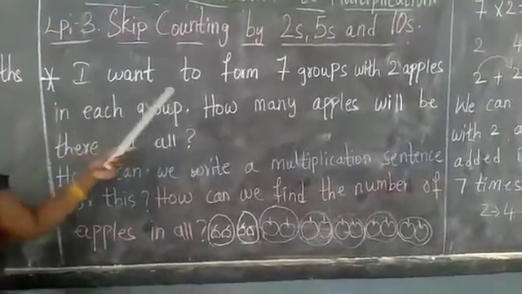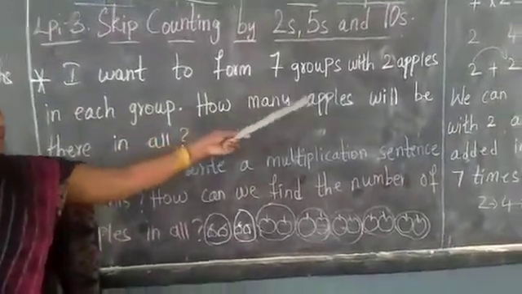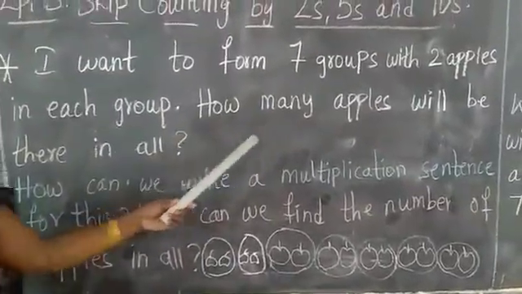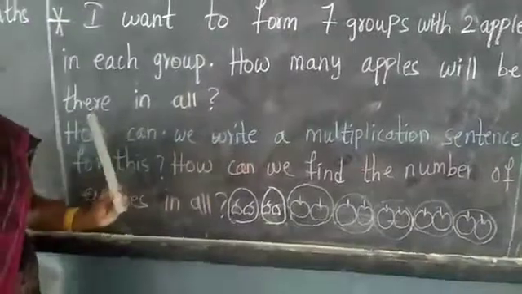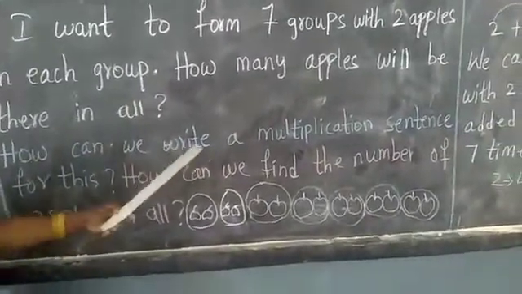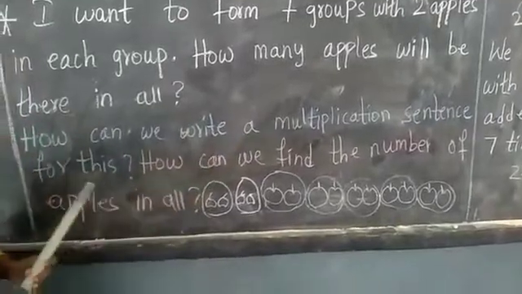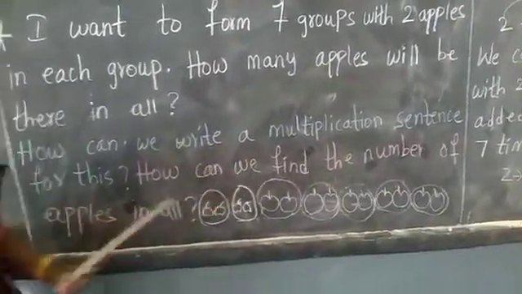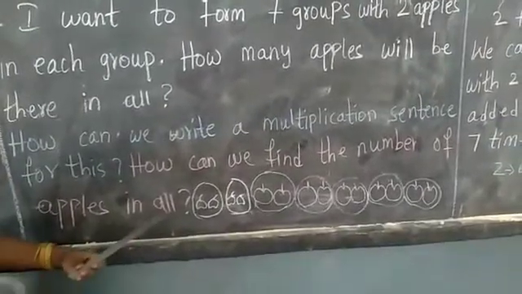Now I want to form 7 groups with 2 apples in each group. How many apples will be there in all? How can we write our multiplication sentence for this? How can we find the number of apples in all?